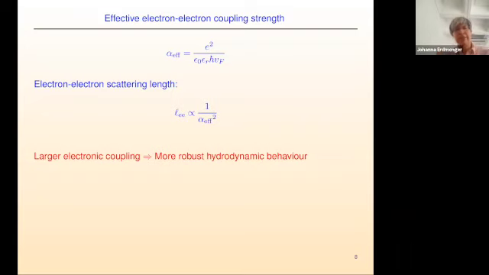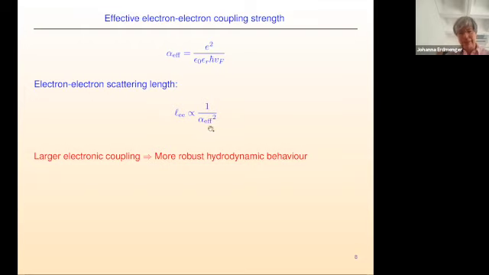As I said, the scale that tells us whether we are actually in this hydrodynamic regime, so there's only this very small parameter window, is this length scale called L_ee. This is the scattering length for the electrons. You can show that this length is inversely proportional to the effective coupling strength between the electrons squared.